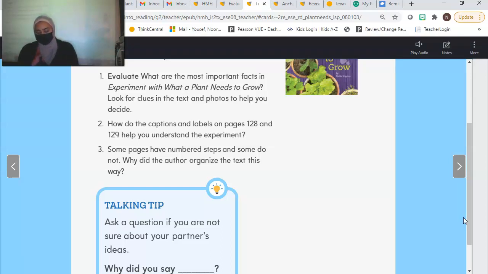Why did the author organize things with numbers and things without? The things with numbers, you need to do it in that order in order to do the experiment correctly, right? The things without numbers, you just need to make sure that you do. It doesn't matter what order you do it in. That is why. Okay, so that's basically it.